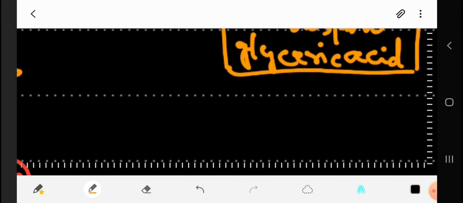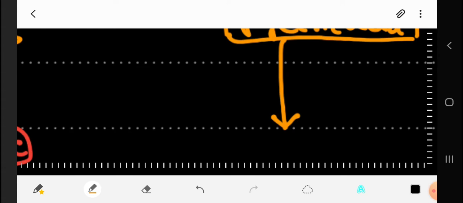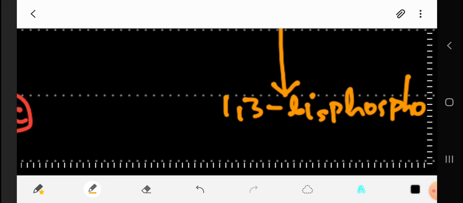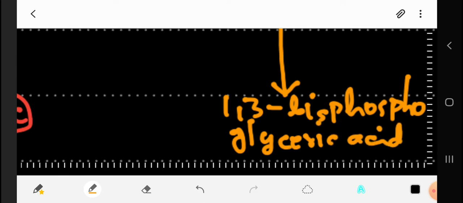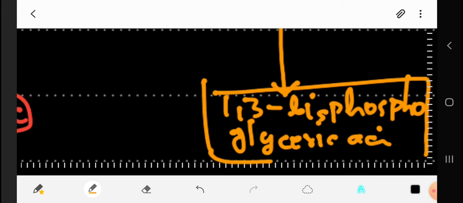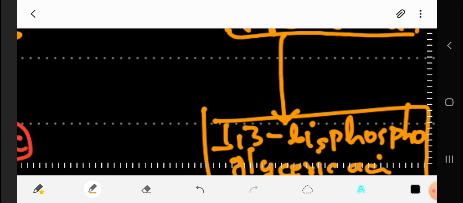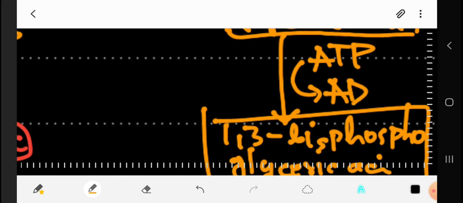Now this 3 phosphoglyceric acid gets converted to another compound called 1,3 bisphosphoglyceric acid. So again, from 3 we have another phosphate group getting added at the first position, so we will have an ATP getting broken down into ADP.